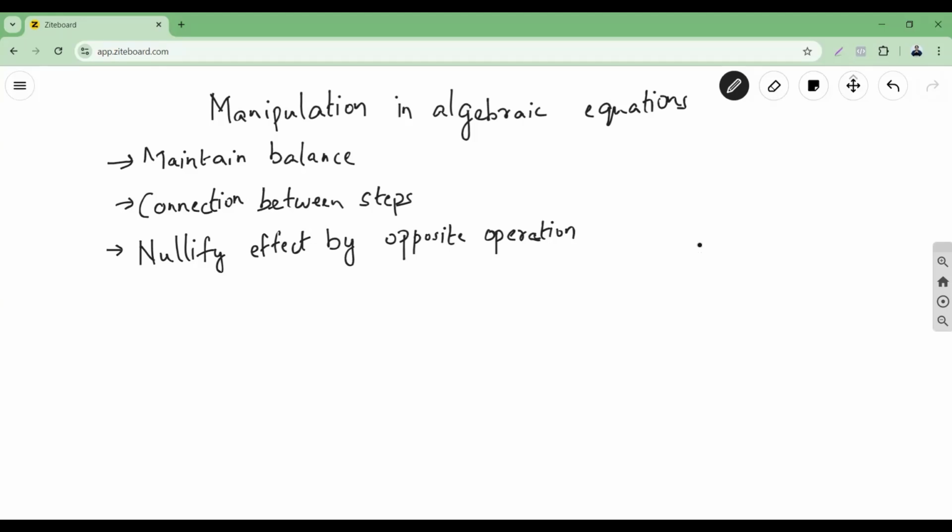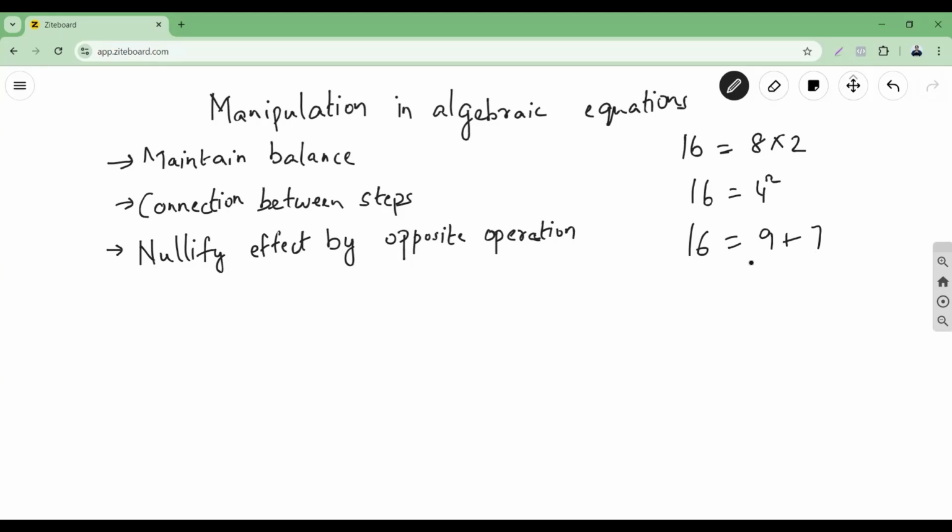If I have to tell you what a manipulation is in simple terms, see for example, 16 can be written as 8 times 2. 16 can be written as 4 square. You can also write 16 is equal to 9 plus 7.